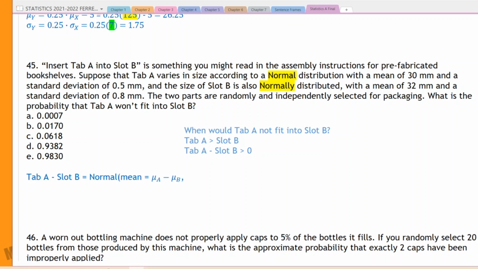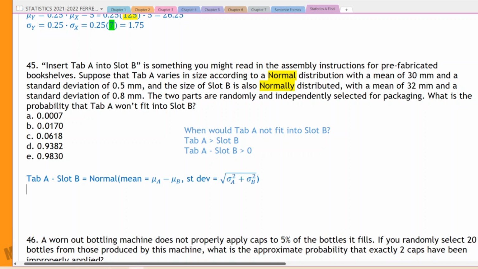The mean is going to be the mean of A minus the mean of B, and the standard deviation is going to be the square root of the variance of A plus the variance of B. Now, remember that with standard deviations, we're always adding variances to find the new variance, and then we square root to find the new standard deviation.